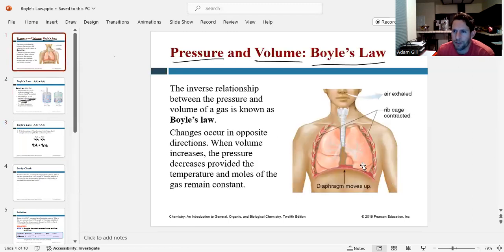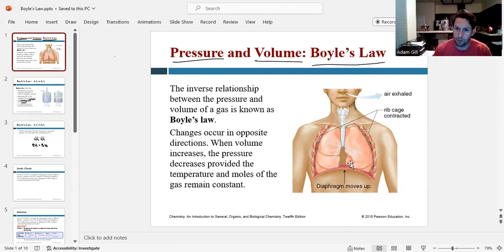The reason we have a picture of lungs on the cover photo here is because Boyle's law explains how breathing works. So in your lungs, you have a muscle called your diaphragm, right? And when you breathe out, your diaphragm compresses and your rib cage contracts and it shrinks your lungs.